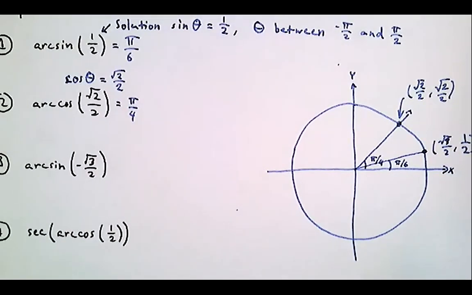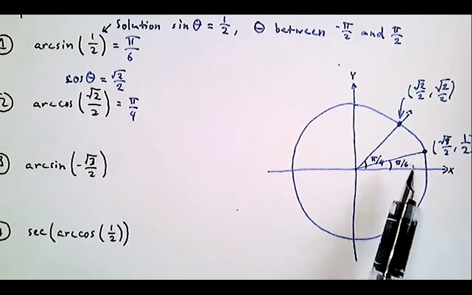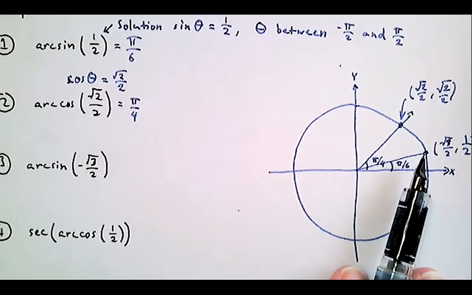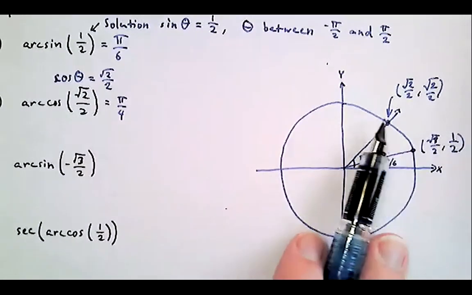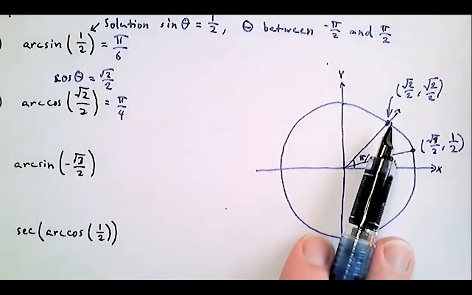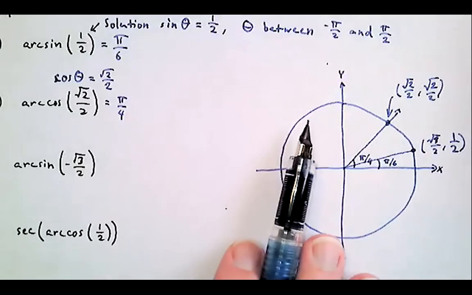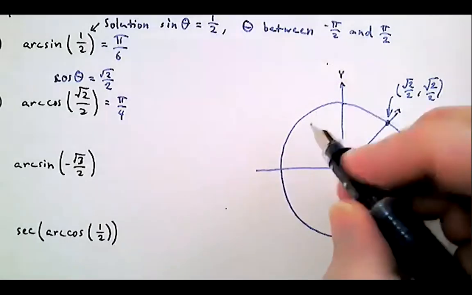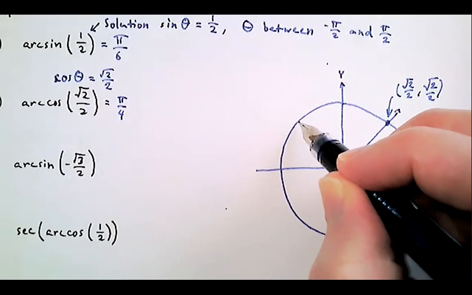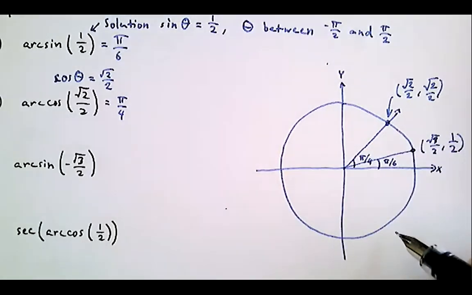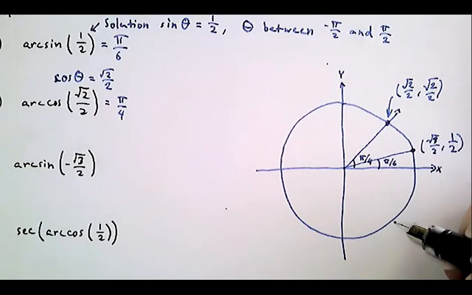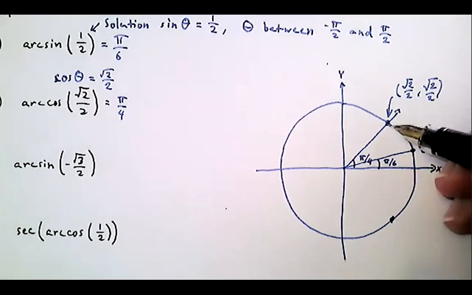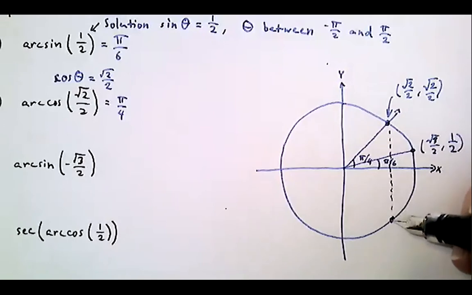Oh, I remember what I was going to point out for you guys. So the important thing to remember on the unit circle is that the values get repeated. And so like this x value, the square root 2 over 2, it gets repeated over on the left side of the circle. Oh, excuse me. I was thinking of sine. The x value gets repeated down here. So this x value corresponds to this one, right?